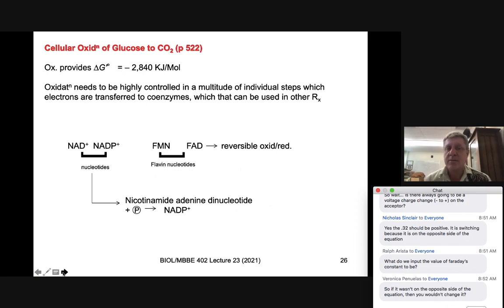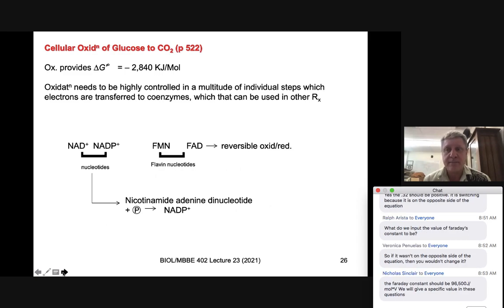And as you can see, when we go through the full degradation of glucose, we can get a delta G prime 0 from glucose to completely carbon dioxide and molecular water of negative 2,840 kilojoules per mole.